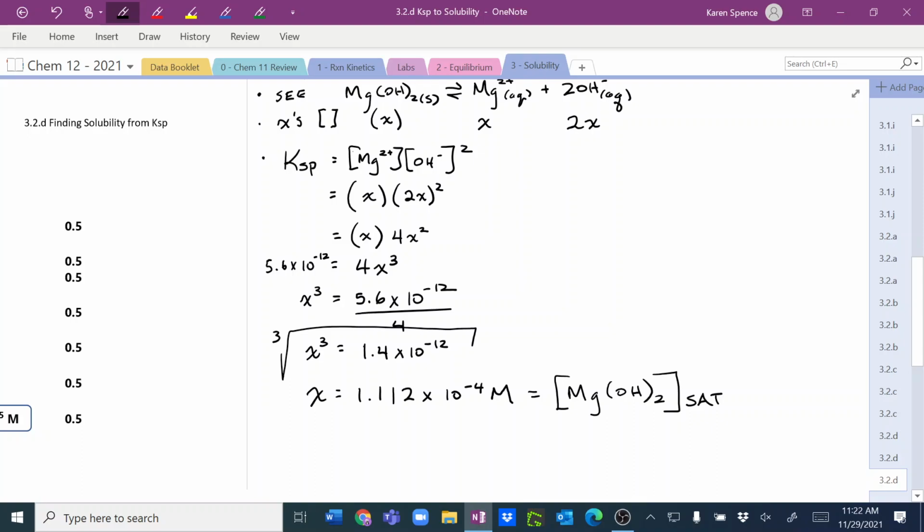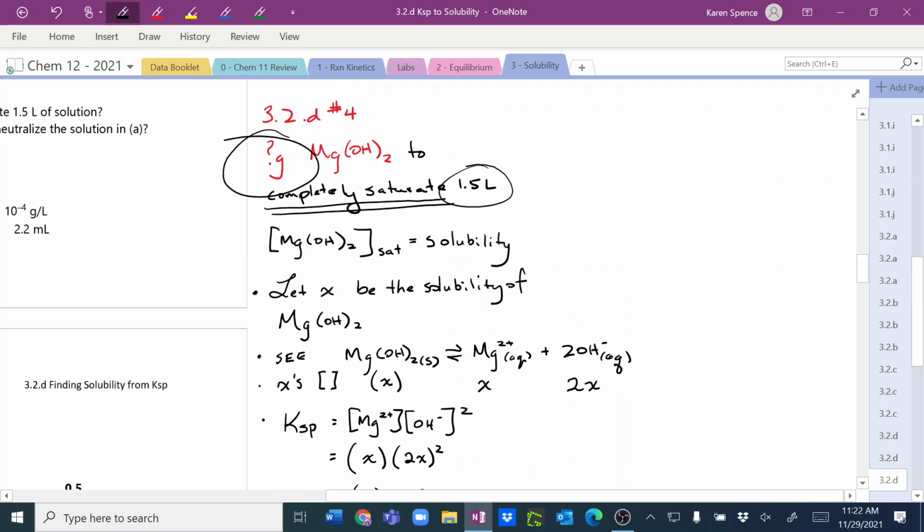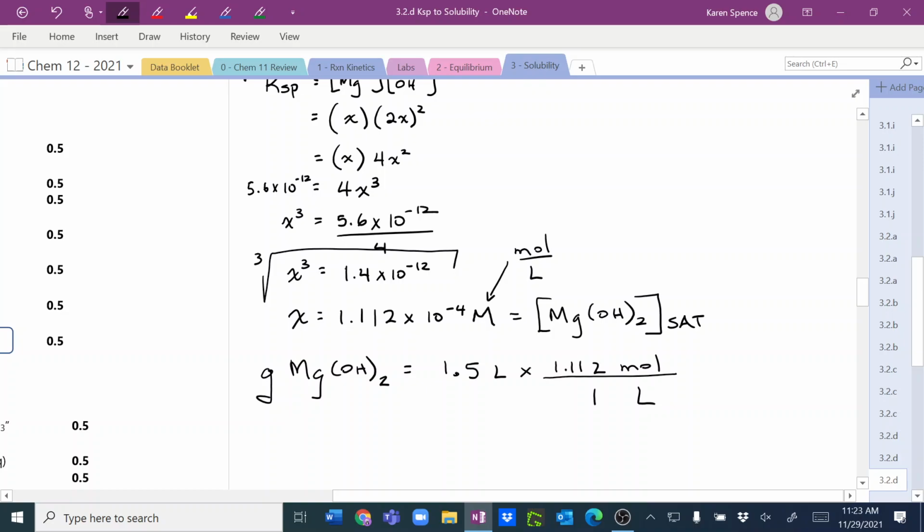But we don't just want to know the concentration. The question says, how many grams do we need to saturate 1.5 liters? So the grams of Mg(OH)2, we're going to start with our 1.5 liters, because we can convert liters into moles by using the molarity, the moles per liter: 1.112 times 10 to the negative 4 moles per liter.